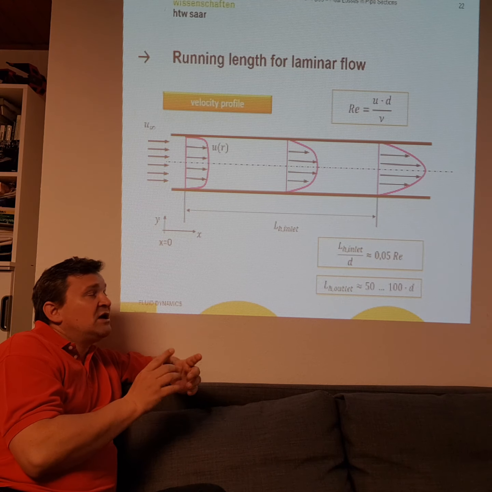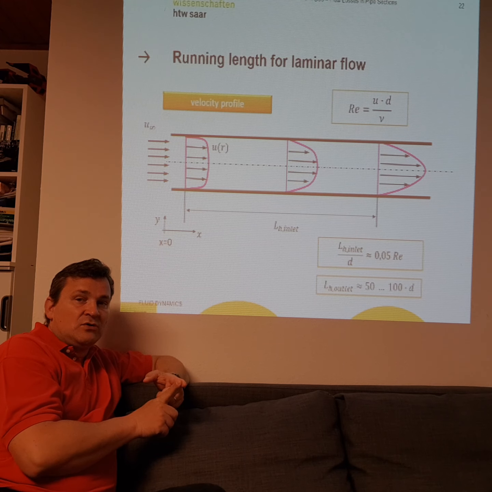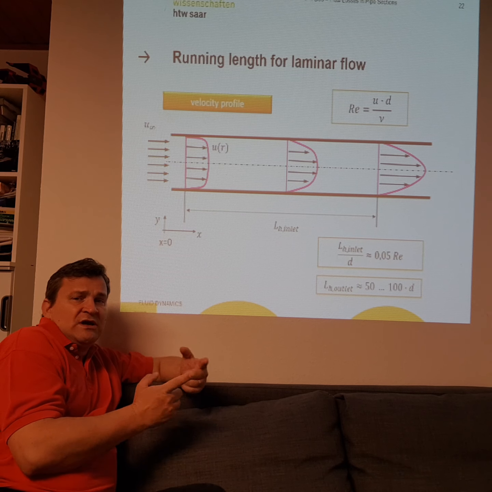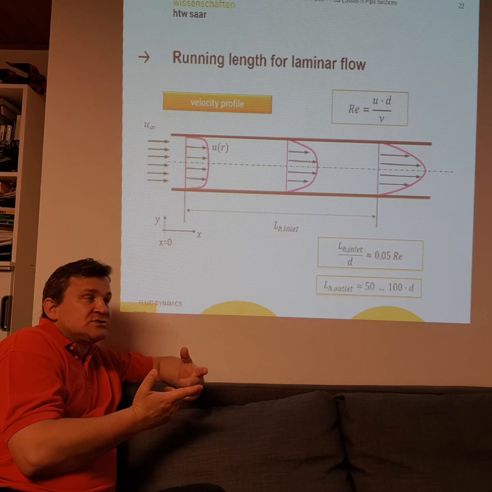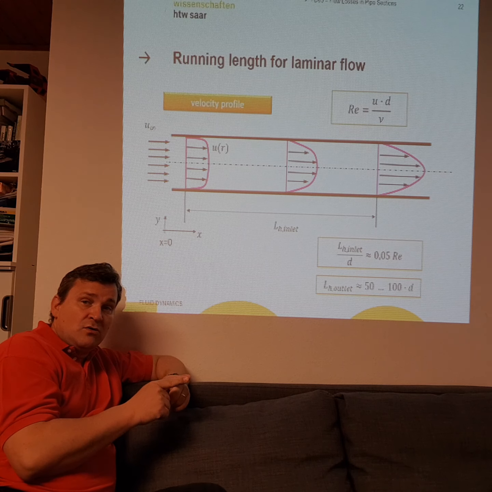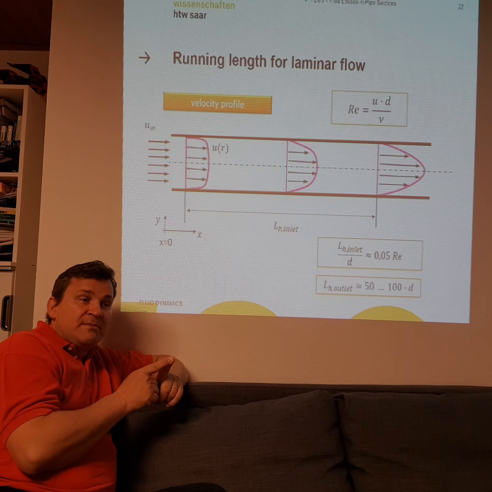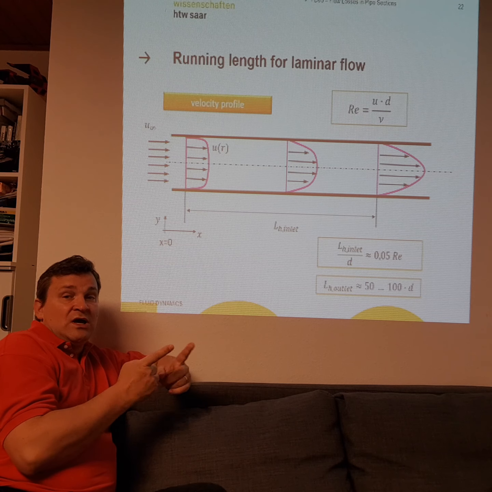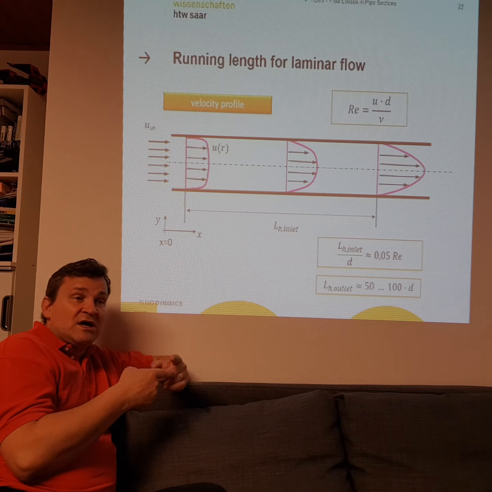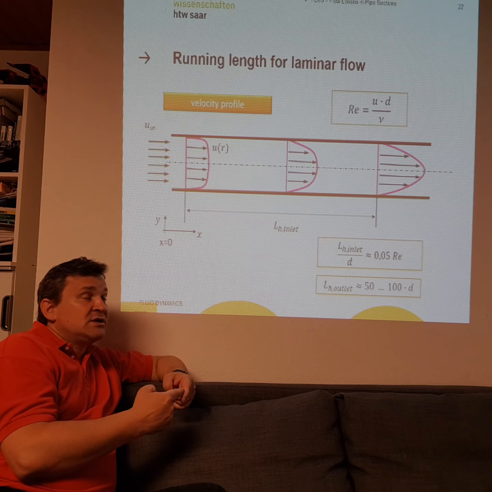Of course, this is an optimization of the flow: you will have less pressure drop, but on the other side you will also have less heat transfer. So it can be good to get this laminar flow if you want less pressure drop and small heat transfer. But if you, for example, have a heat conductor and you want high heat transfer, then you have to disturb this fluid flow.